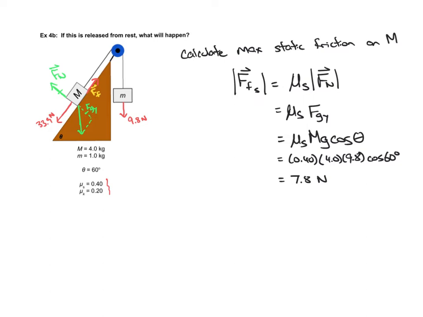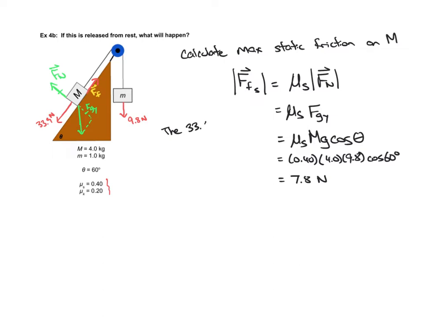Therefore, I think this block will still slide down the ramp, because that 33.9, that's bigger than 7.8 and the 9.8 added together. So I'll write a little statement here.